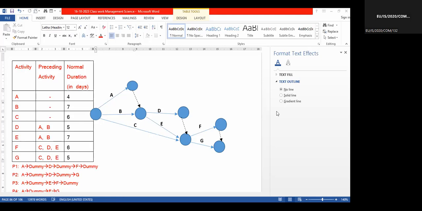Form 79 also 40. Form 15, 11 days. Very good. MS 79, 40 days. I know how you are calculating all these things.